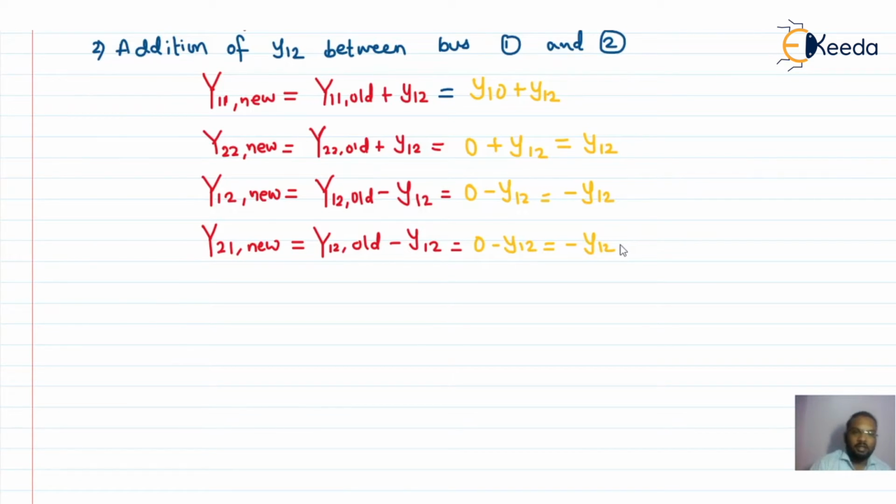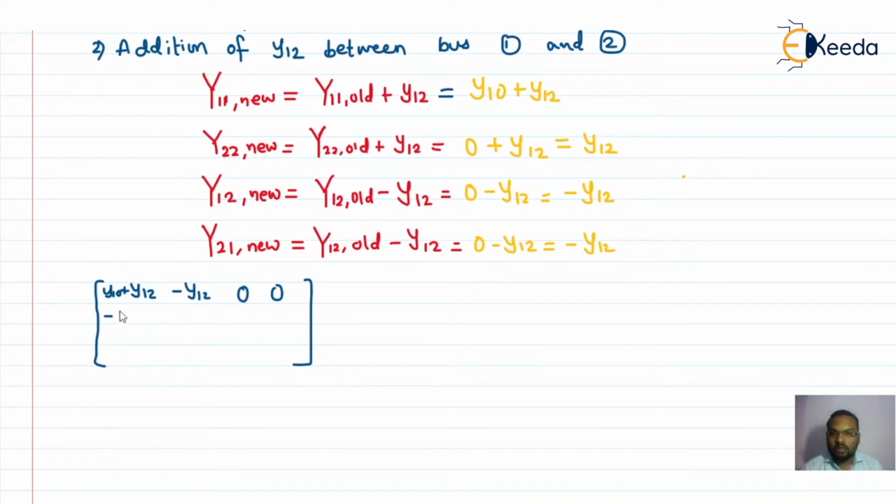If I update these four entries, then my Y bus becomes: y11 is now y10 plus y12, y12 is minus y12, these two entries we have not updated.